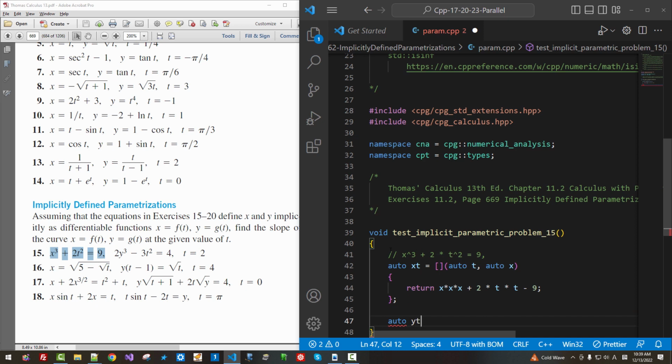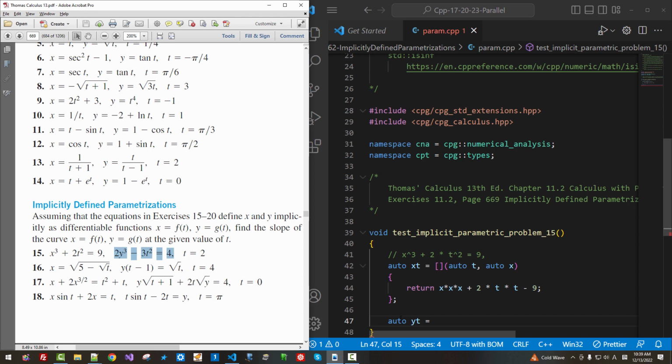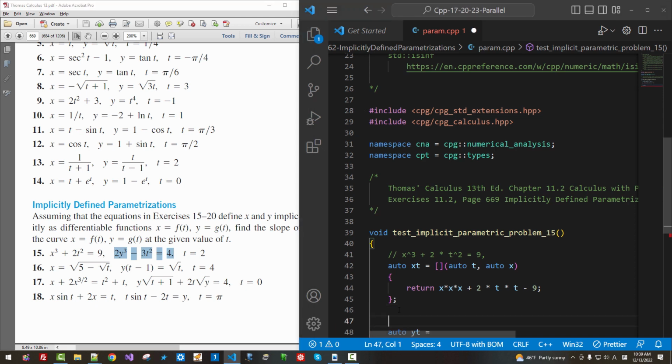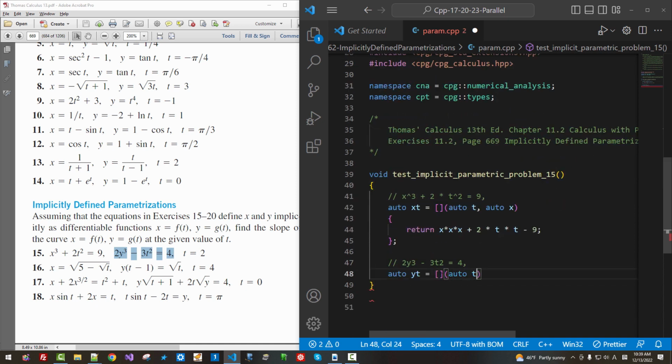Auto yt. So this is yt. We are defining this function auto t, auto y, semicolon, return 2 times y times y times y plus 3 times t times t minus 4.